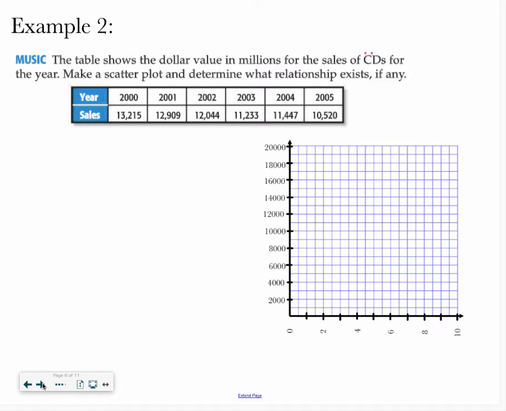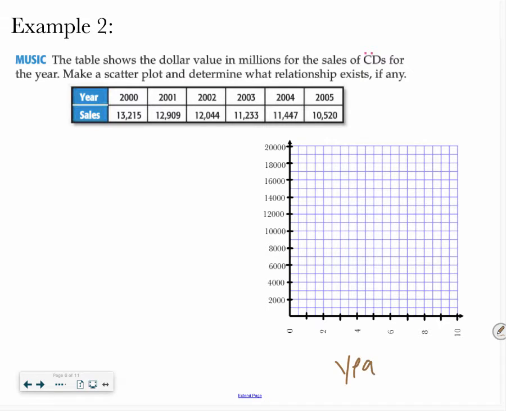Okay, so let's try that. The table shows the dollar value in millions for the sales of CDs for the year. Make a scatter plot and determine what relationship exists, if any. Okay, so let's start by plotting these points. I see I have an XY table. The year is always going to be my X value.